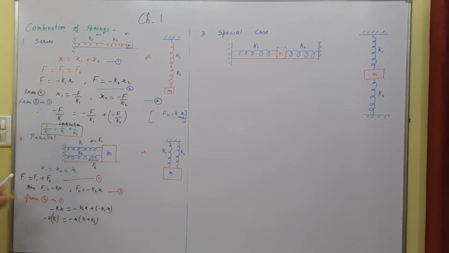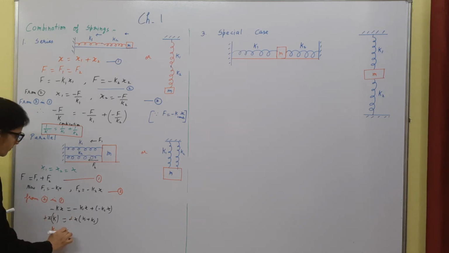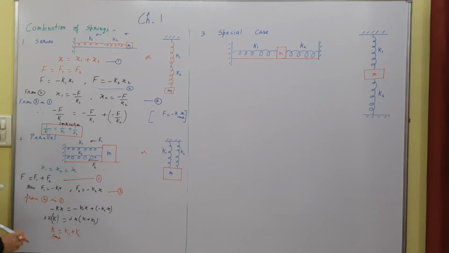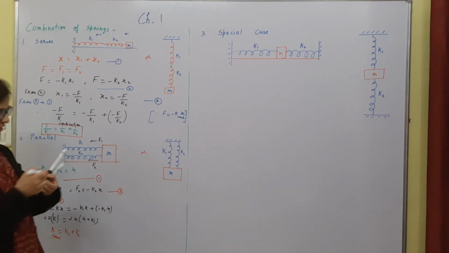This will be cancelled and the combined spring constant will be K1 plus K2.